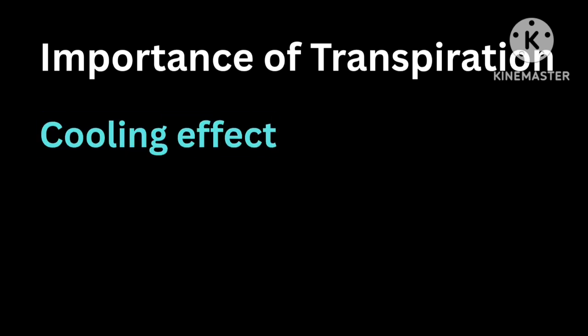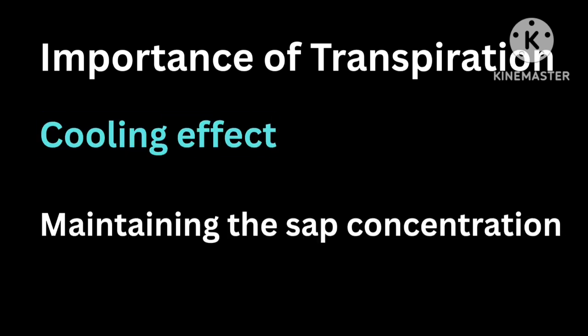What is the importance of transpiration? Why is it a necessary phenomenon for plants? The first importance is cooling effect. In transpiration, water gets evaporated from the plant. The heat required for this evaporation is obtained from the plant itself. Thus, the plant is able to cool itself when it is too hot outside.